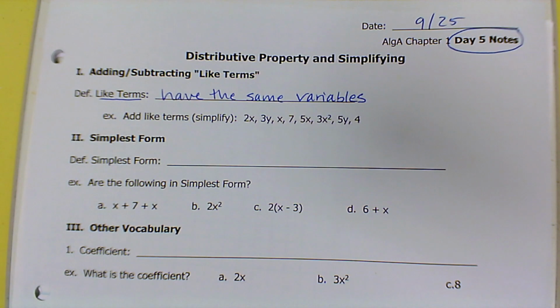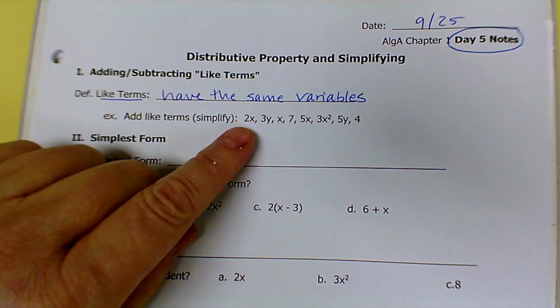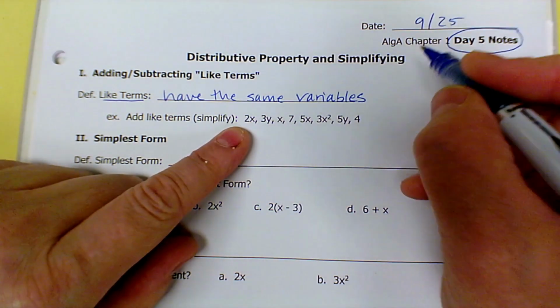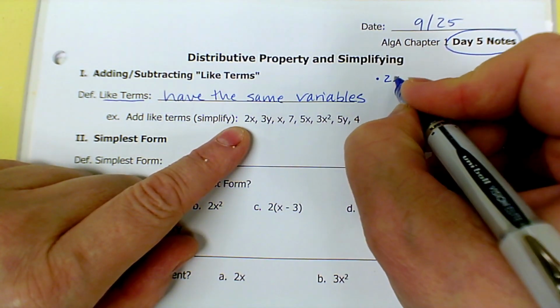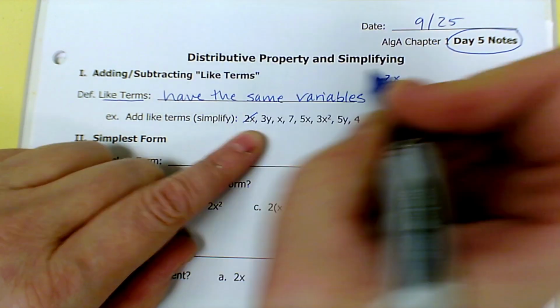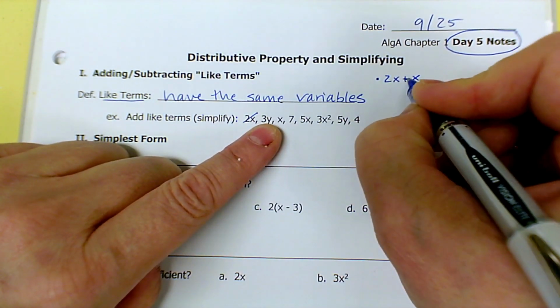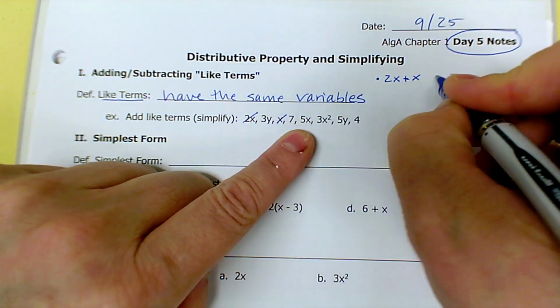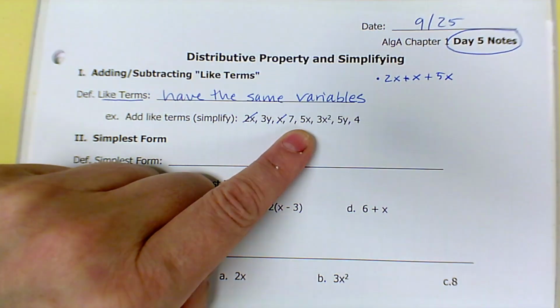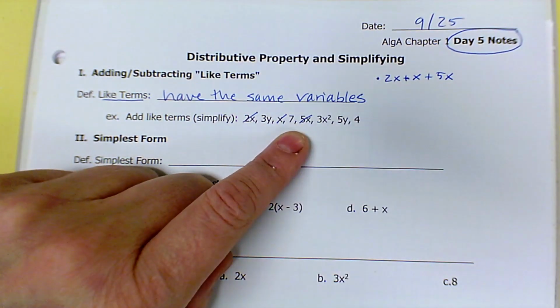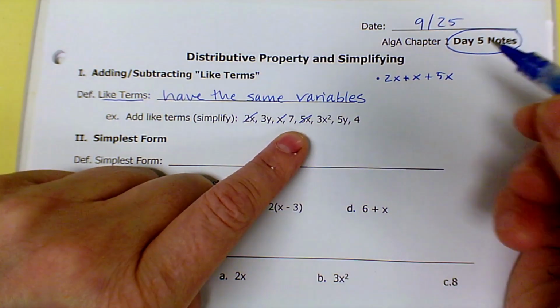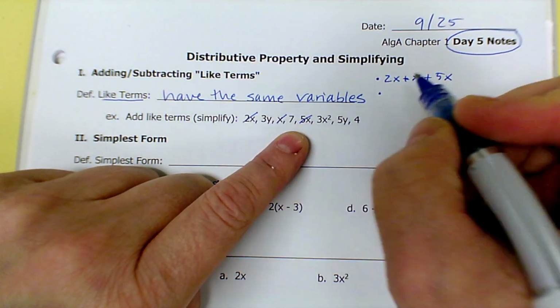So looking at the example, we're going to group these by like term. So let's start by grouping the x's. So we're going to come up here. I have a 2x, I have a plus an x, and plus a 5x. Those are all my x's. I'm just crossing them off as I'm writing them. That means I can add those together. I'll do that in a second.